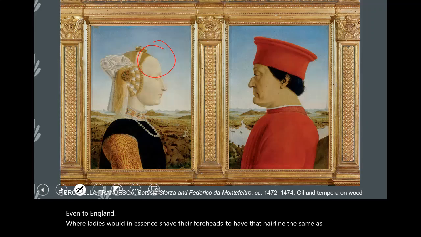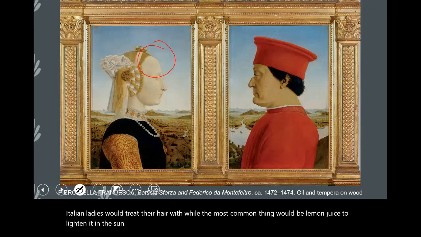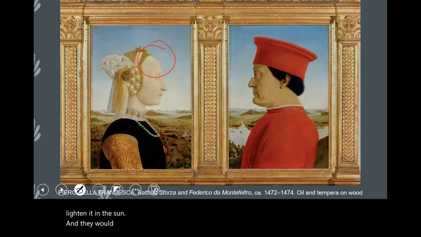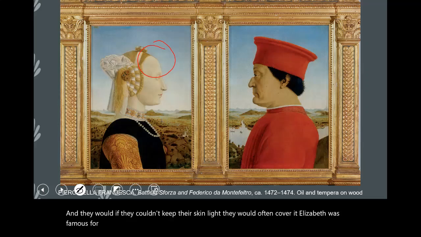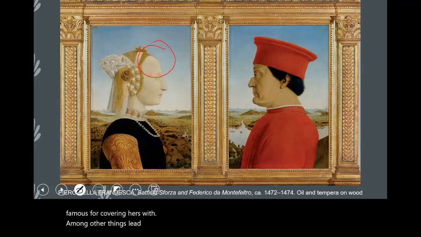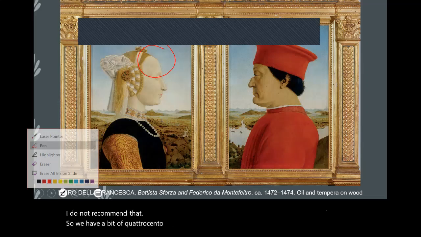Italian ladies would treat their hair with, well, the most common thing would be lemon juice to lighten it in the sun. And they would, if they couldn't keep their skin light, they would often cover it. Elizabeth was famous for covering hers with, among other things, lead powder. I do not recommend that. So we have a bit of Quattrocento fashion here, definitely.